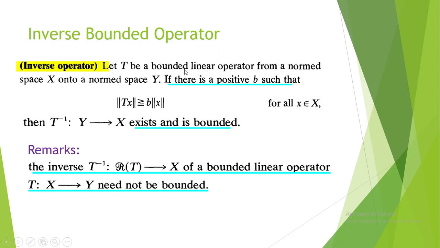Now we have another important concept, the inverse operator. We have a bounded linear operator from a normed space X onto a normed space Y. If there is a positive constant B such that, for any scalar, it satisfies these conditions, then the inverse of the bounded linear operator exists and it is bounded.